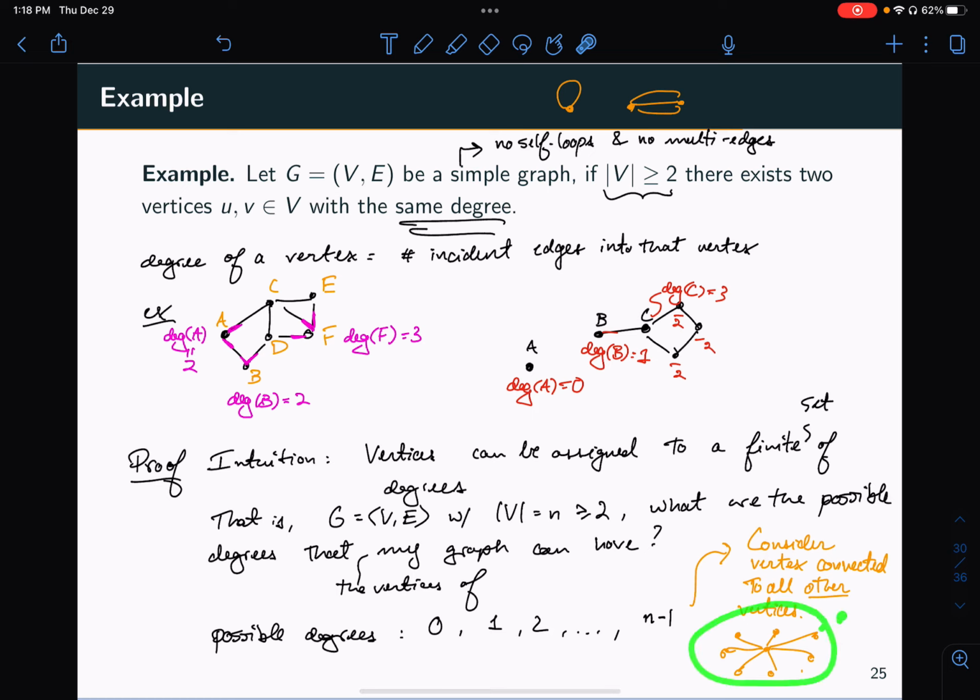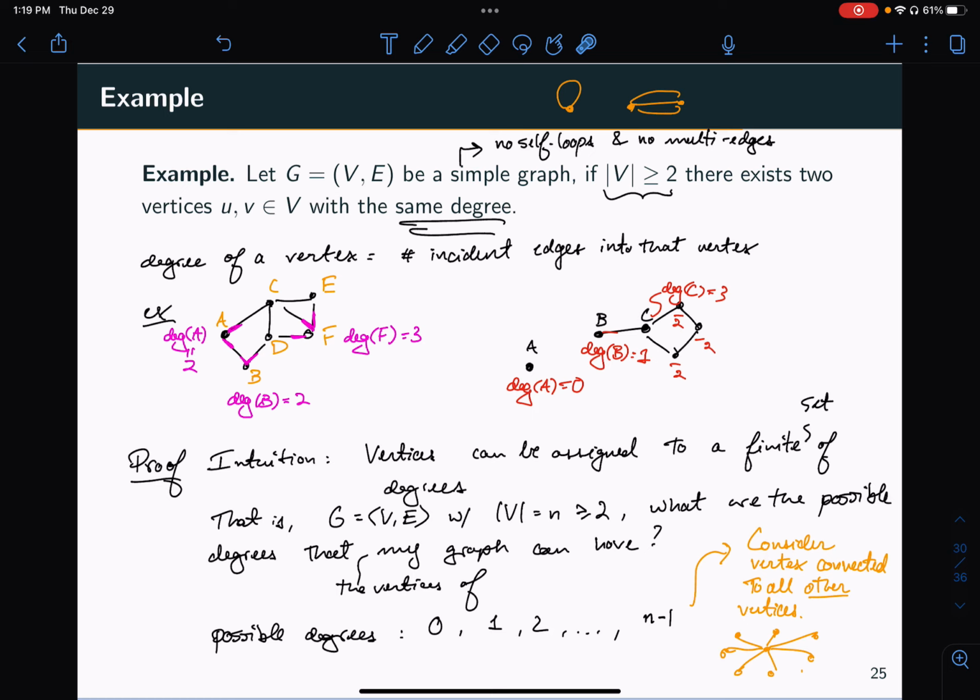Because there are n vertices in total, the number of vertices that this one is connected to is going to be n minus 1. Minus 1 because it's not connected to itself. And so the maximum degree that a vertex can have in a simple graph of size n is n minus 1. Okay, so that's the setup.